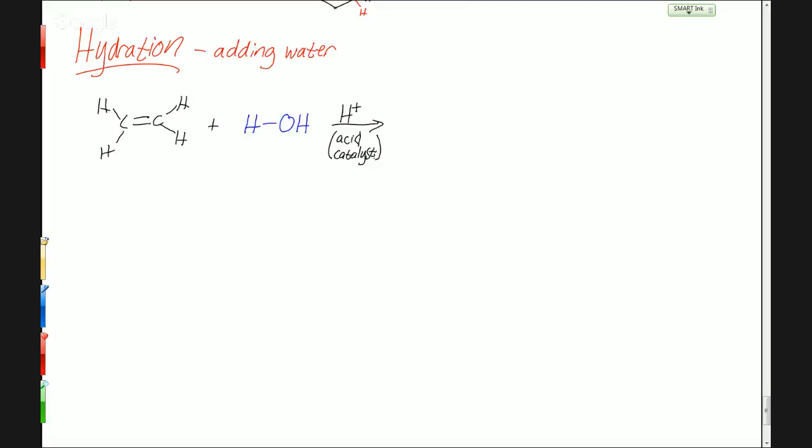So when you do this, very similar to before, you go from an alkene to an alkane, and you've added the water. The water adds across the double bond, so it adds the H to one side of the double bond, the OH to the other side of the double bond.